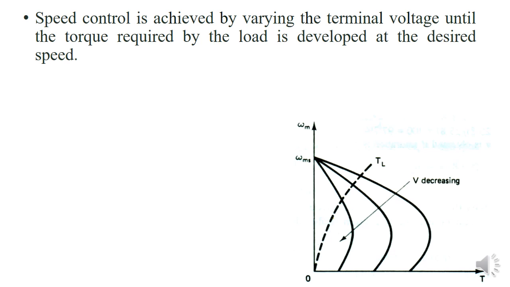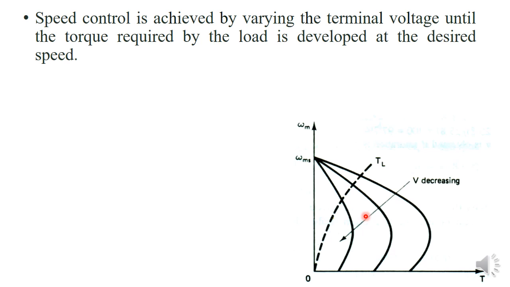In the case of stator voltage control of an induction motor, the speed control is achieved by varying the terminal voltage until the torque required by the load is developed at the desired speed. Now, there is a limitation for the stator voltage control of induction motor. We will be increasing or reducing the applied voltage in order to control the speed.